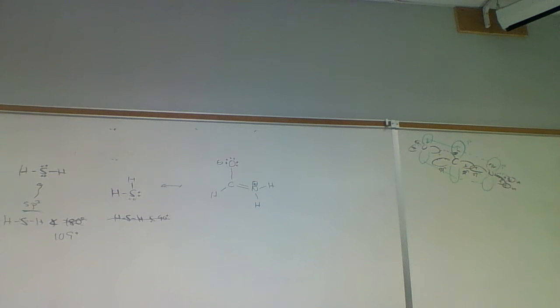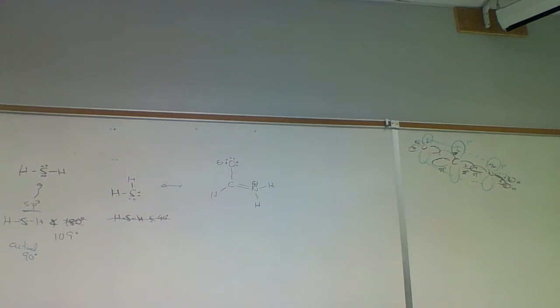Right? And that 109 angle comes about to maximize bonding or to minimize repulsion? Minimize repulsion. You know what the actual angle is? You'd expect 105, but the actual angle is 90 degrees.